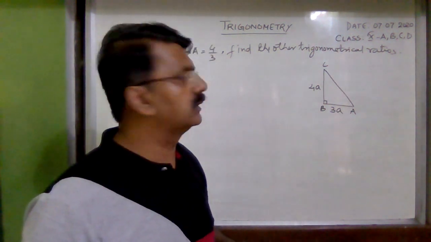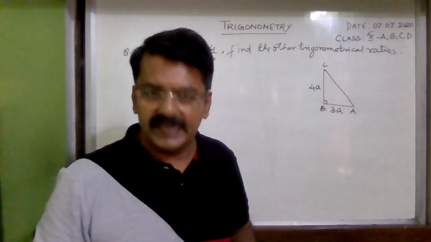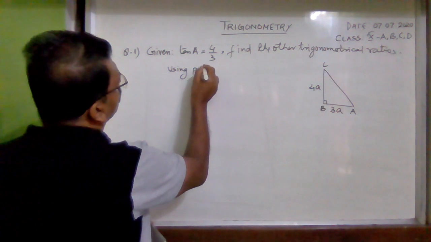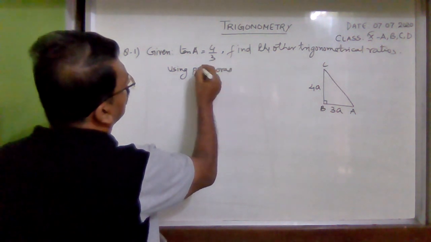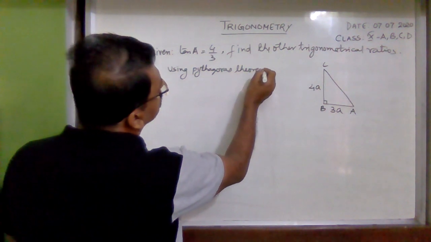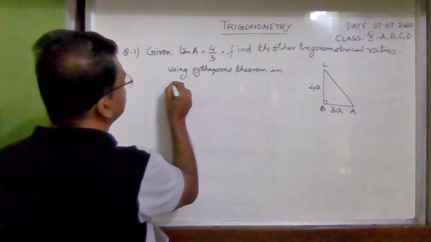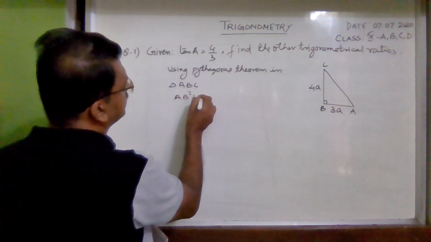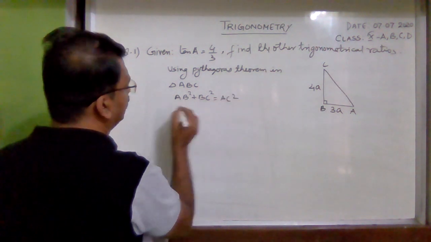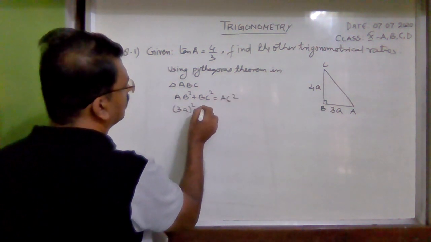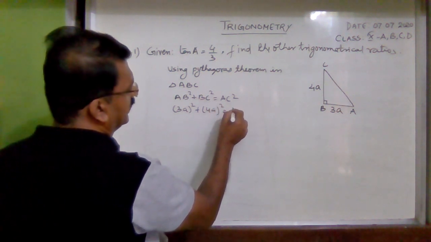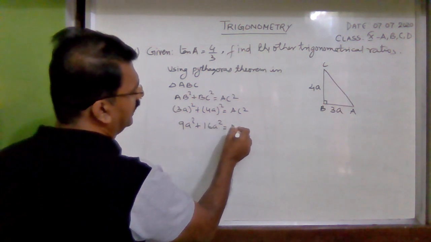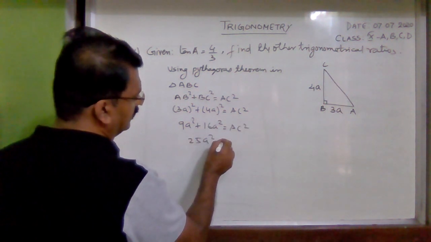Now using Pythagoras theorem, we will find AC. So using Pythagoras theorem in triangle ABC, AB square plus BC square is equal to AC square. 3a square plus 4a square is equal to AC square. 9a square plus 16a square is equal to AC square. 25a square is equal to AC square.